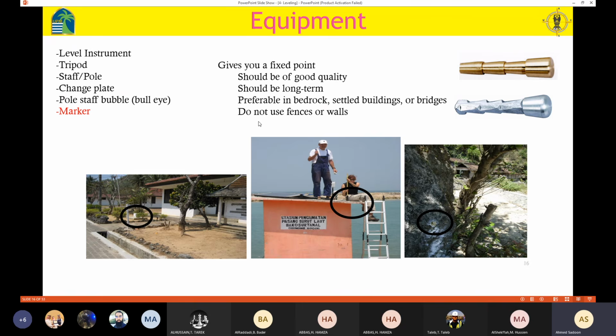It's not preferable to use fences or walls because these are easy to relocate. So the marker should be placed at a stable position, like this one, like that one, like that one. If you are going to see a new residential area, which was planned for people to relocate to after maybe 1 year or 2 years, you're going to find these markers all over the area. So these markers are going to help us to know the level of these important corners.